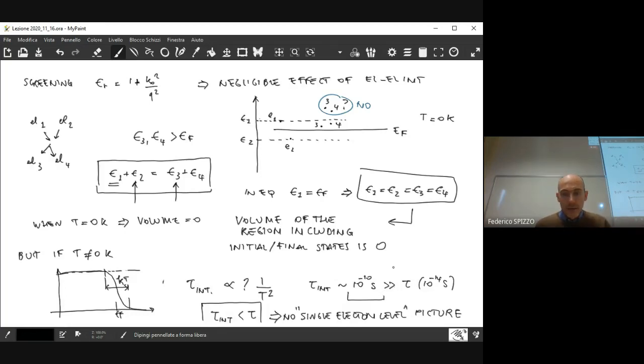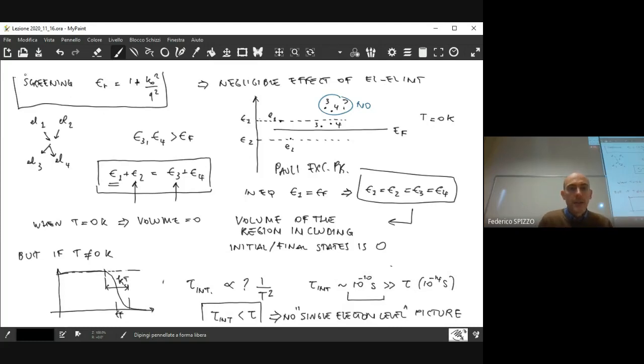So the final consequence is, for practical reasons, in general, we may neglect the contribution of electron-electron interaction because that is very, very small, both due to the screening and due to the Pauli exclusion principle.